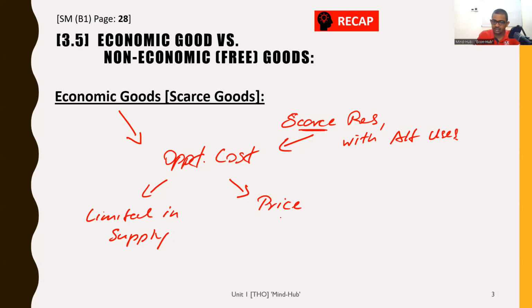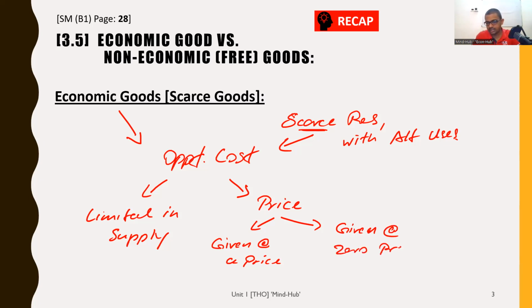Economic goods have a price, but most of the time it is given at a price. If not, there are some situations economic goods are given or offered at zero price. When something is given at zero price, we say it is given free.